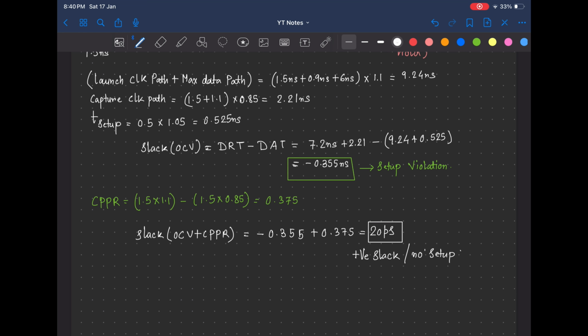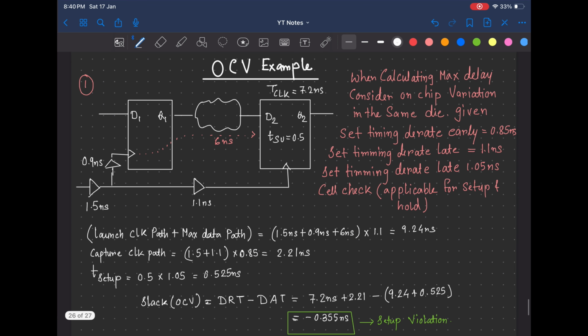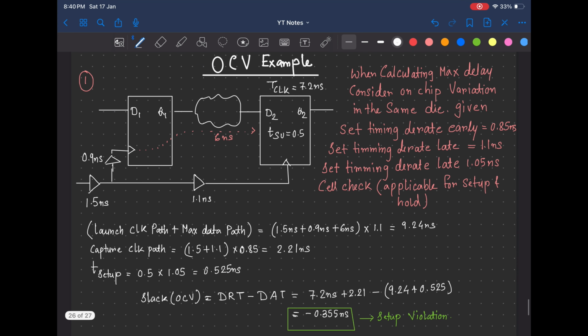I think you understand why the CPPR calculation is so important here, because it adds buffer time to the slack, which can make the slack positive, so there is no setup violation. This is the case we considered for the max delay, mostly the setup calculation.